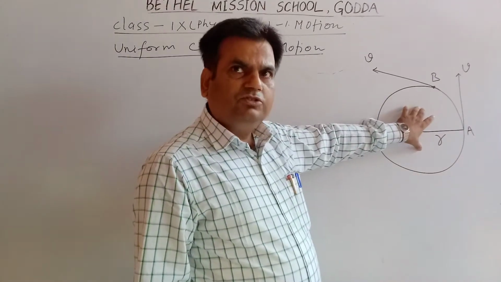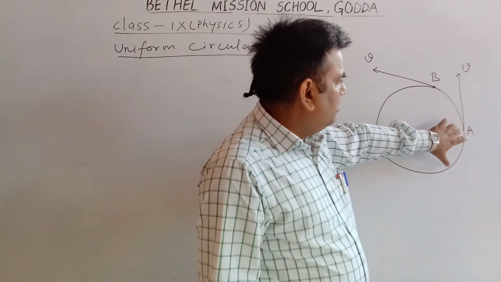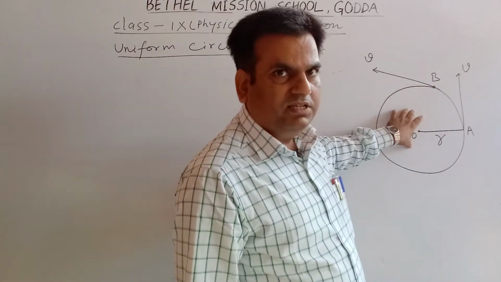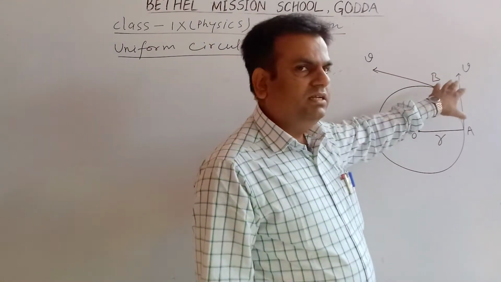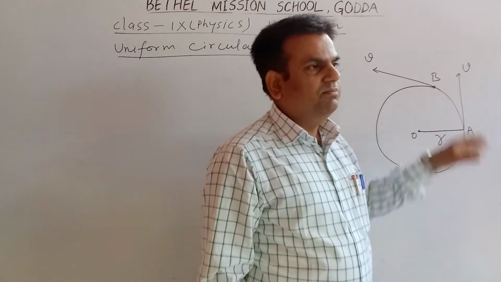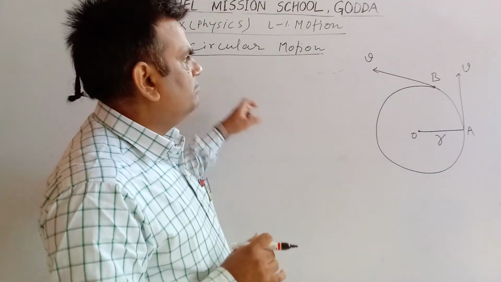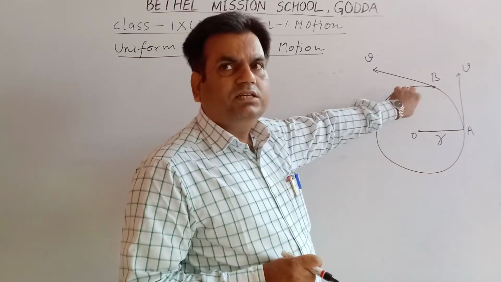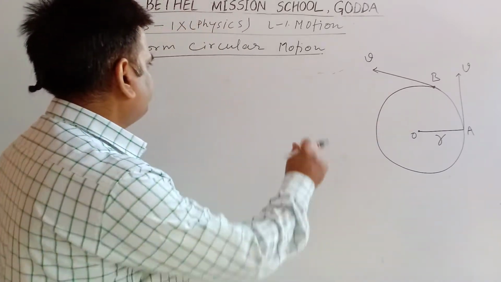Uniform circular motion means when the object revolves or moves on a circular path uniformly, then the motion of the object is uniform circular motion. And what is the equation of the velocity of the object when it revolves around the circular path?